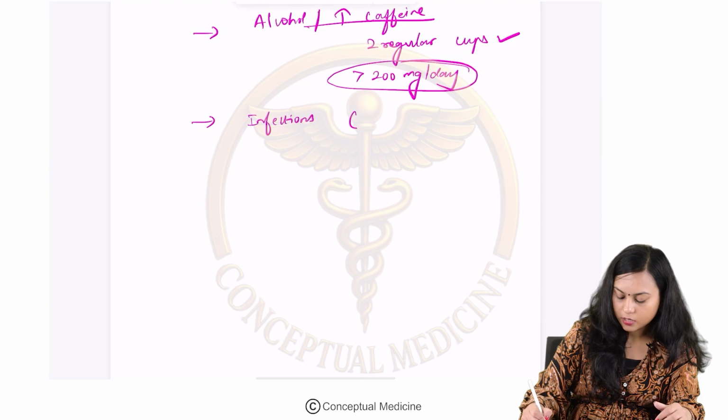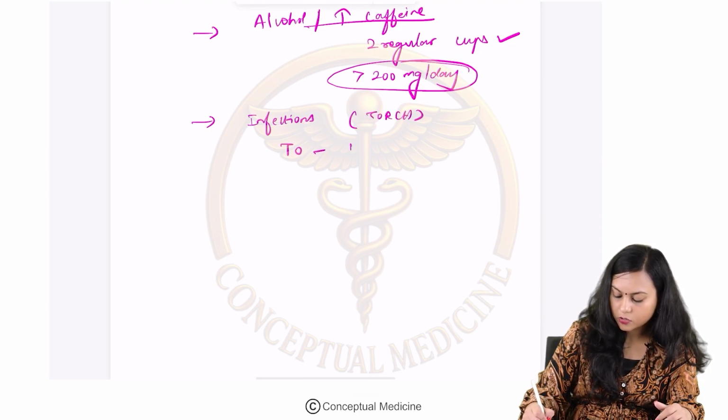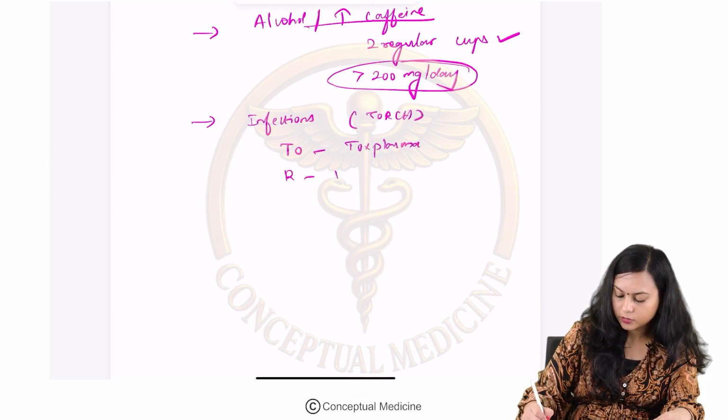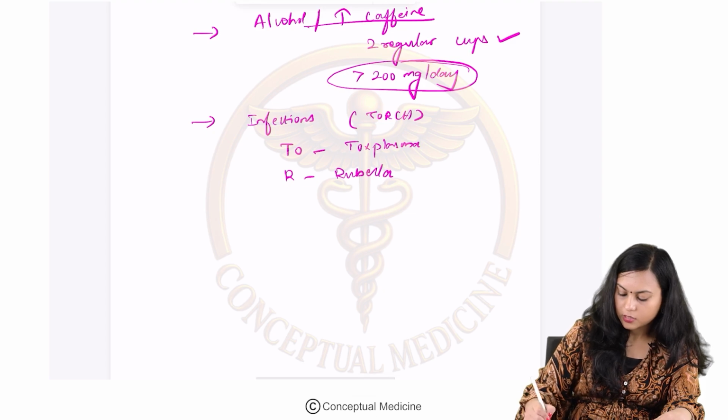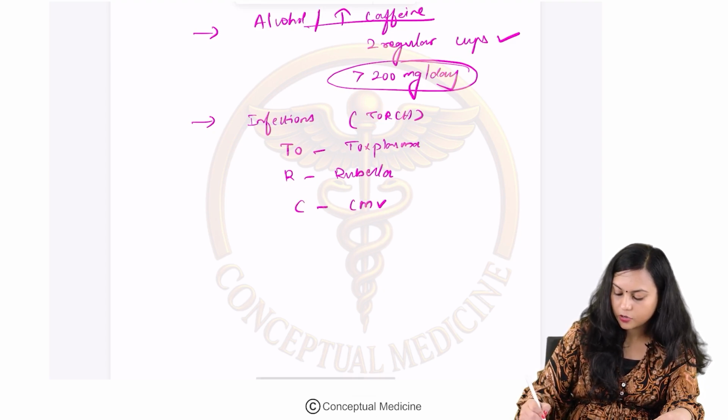You know the TORCH infections. So what are the TORCH infections? It is toxoplasma, rubella, C for cytomegalovirus, and H for herpes virus.